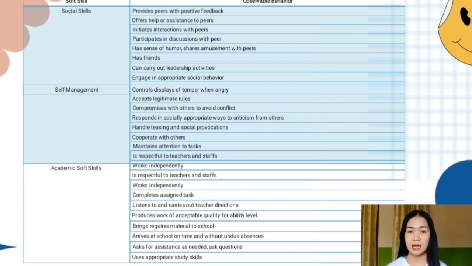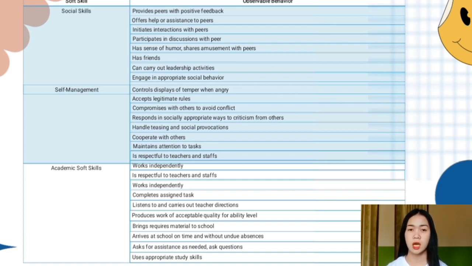Asks for assistance as needed, asks questions, uses appropriate study skills, and lastly is approaches to learning. The observable behaviors are enjoys school and takes on challenging tasks, has confidence in abilities, works hard, and is enthusiastic and adventurous.